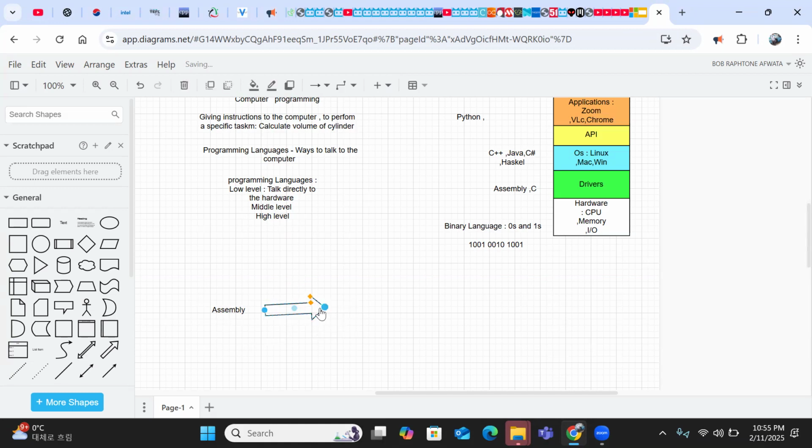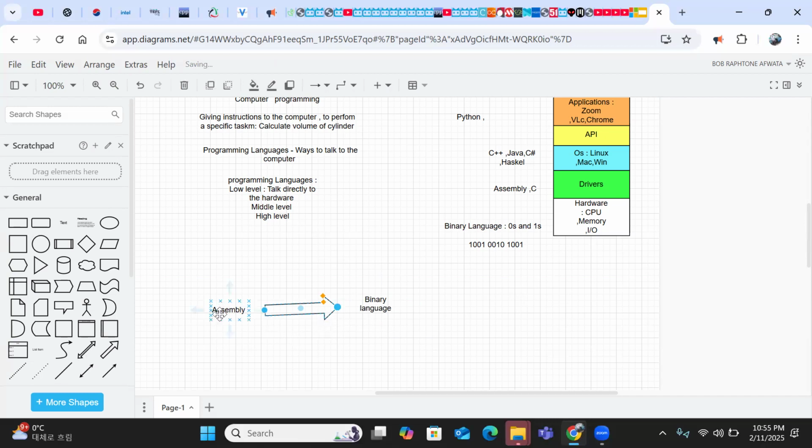It should not be perfect, but you get the idea. So we have assembly language. Assembly language will convert into what is called binary. Binary language. And binary is the ones and zeros.